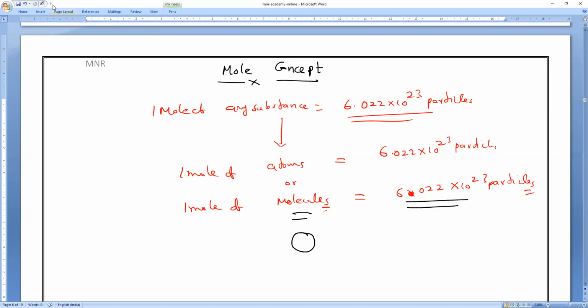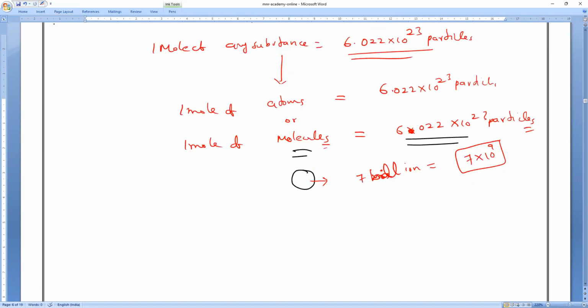Anybody can tell? Till today, what is the approximate population of the world? 9 billion, 7 billion. Approximately, the human population at present is about 7 billion, approximately 7 into 10 power 9. So this is the approximate population of the world.